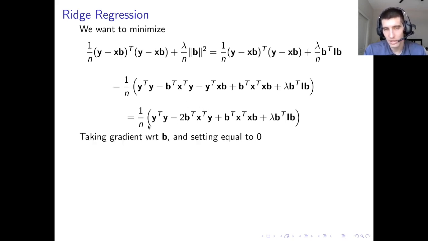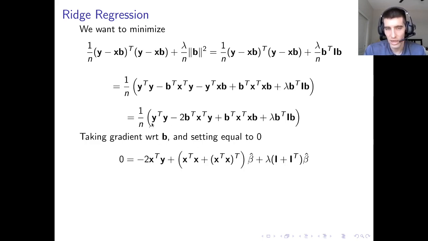And so I'm going to take this term, which is just another representation of the original objective function, take a gradient with respect to b, and set it equal to 0. When I do that, the y obviously cancels, the b transpose out front goes away, and I'm left with this term here. And then here I have quadratic forms in b.